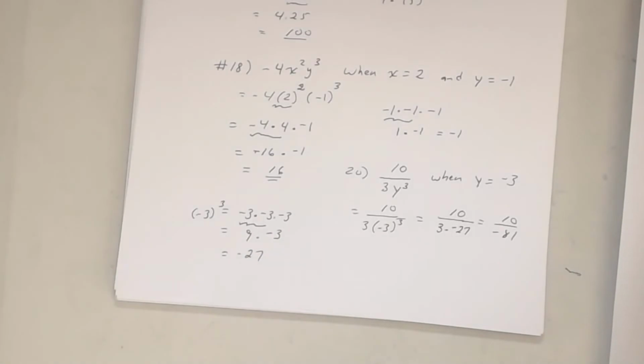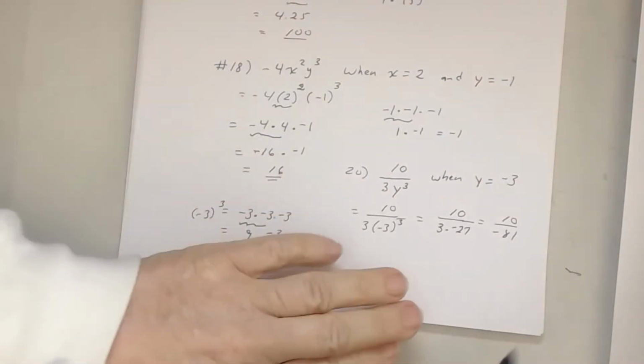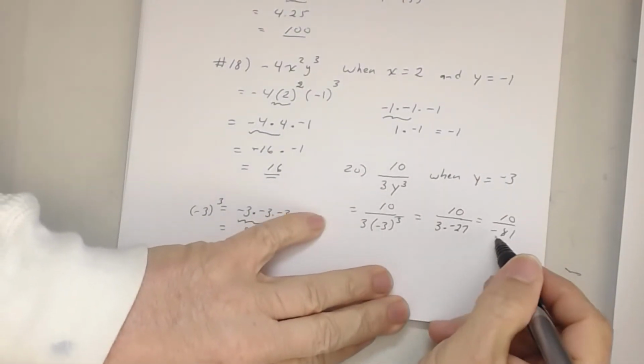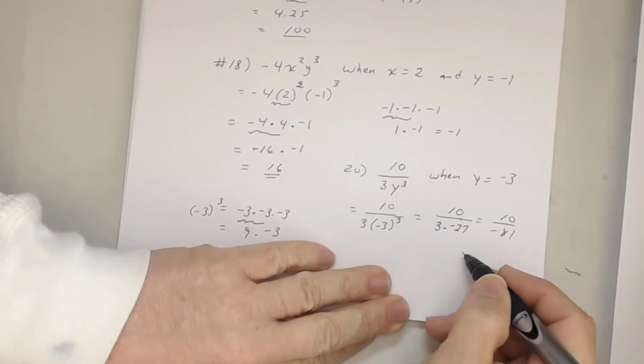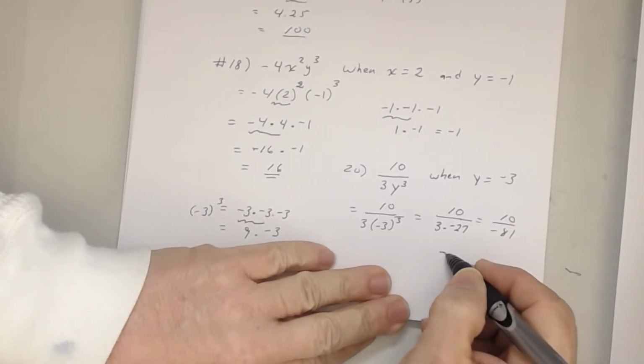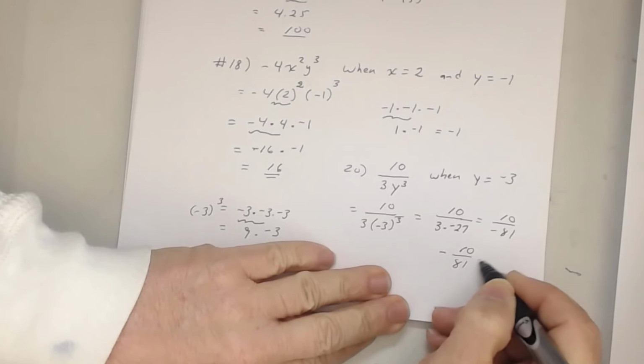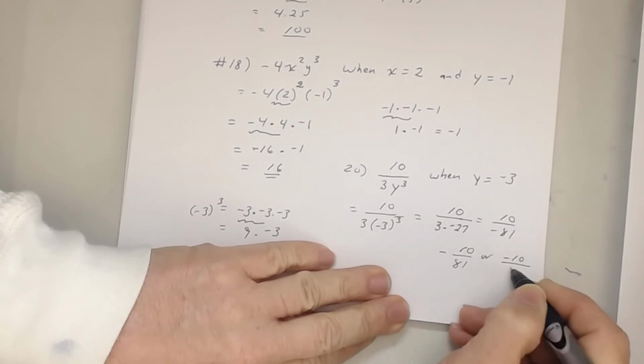All right, so you can write it as 10 divided by negative 81. But if you recall, all the fractions you've always written since you were born, if it was negative, where was the negative located? Either on the side, or we normally put it in the numerator. So if you leave it like this it's fine, but we prefer to have it written either like this, or like this.